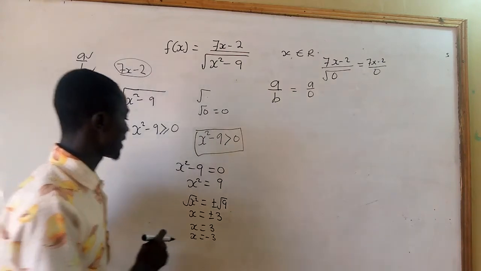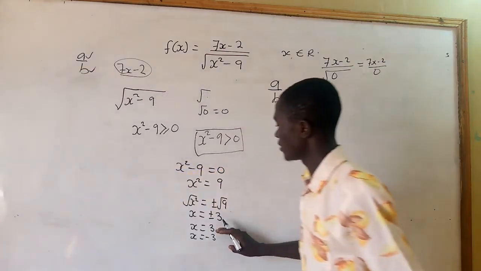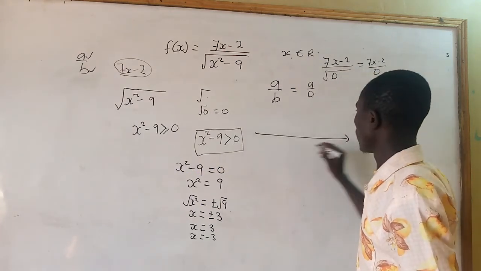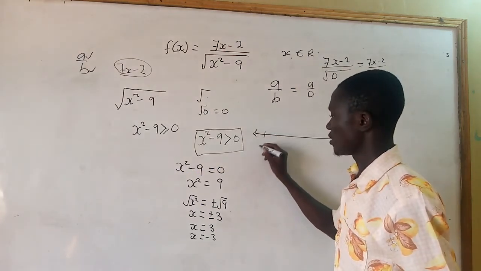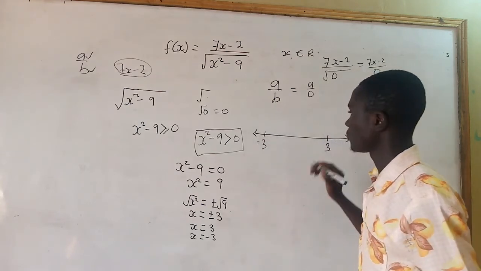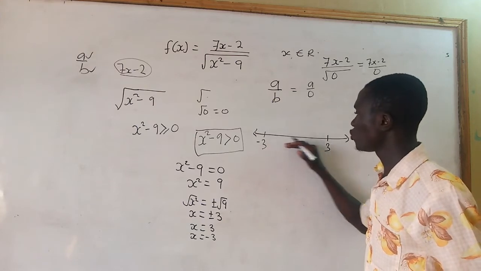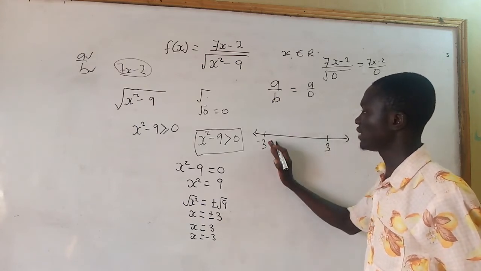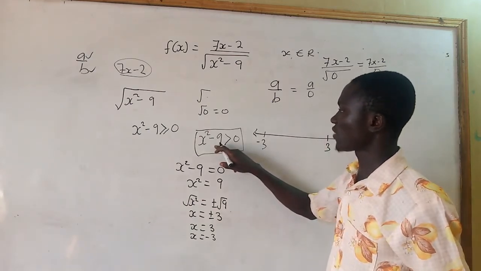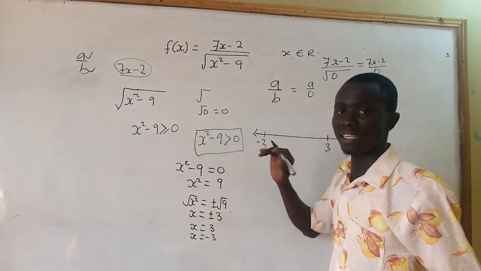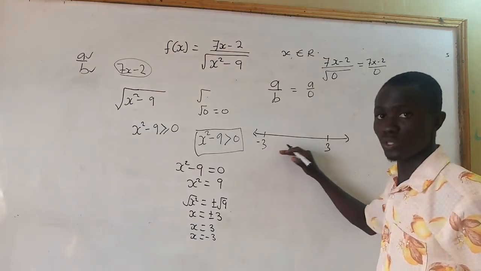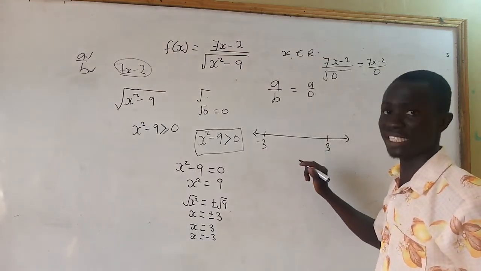Now, let us represent the roots of this quadratic inequality on the number line. On the number line, we have negative 3 here and positive 3 here. Now, we are going to test the values within this interval, that is negative 3 to positive 3, and see if they will satisfy this inequality. The best value to choose is 0 if 0 falls within the interval, and here 0 falls within the interval.